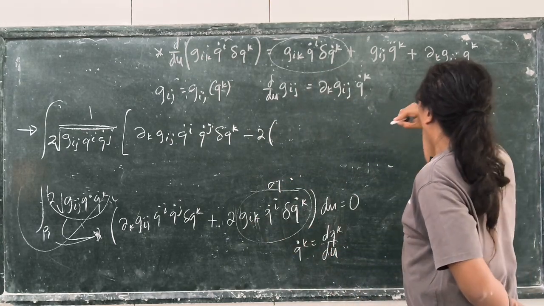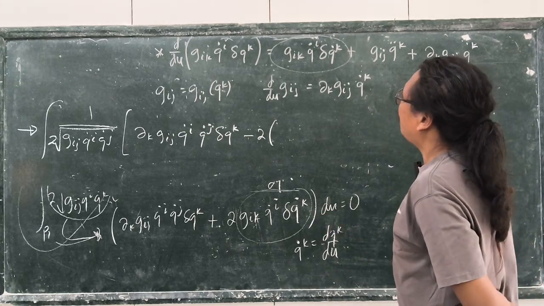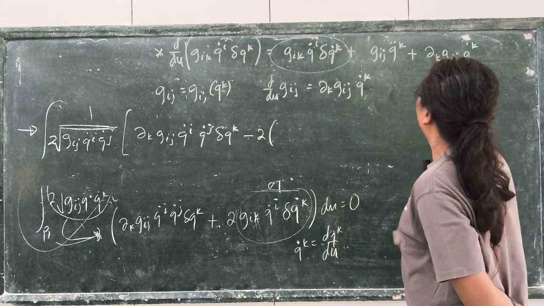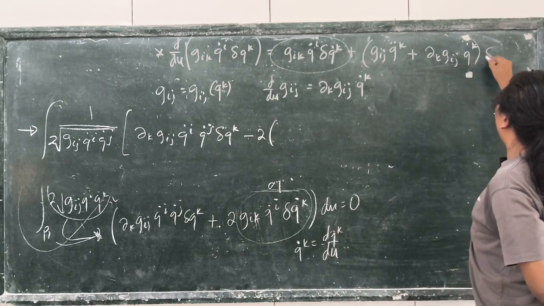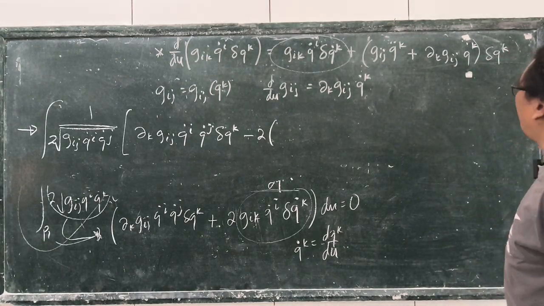So minus 2 times what? Sorry, it has delta QK.